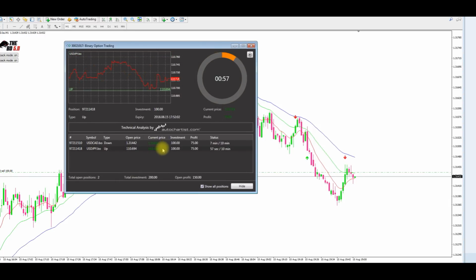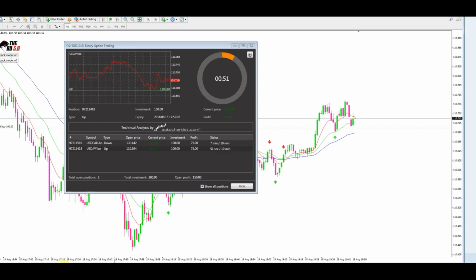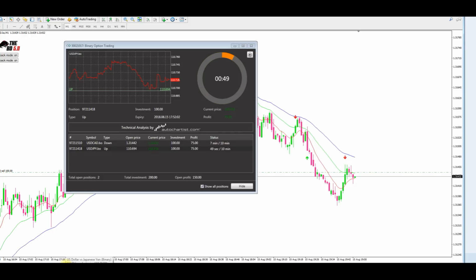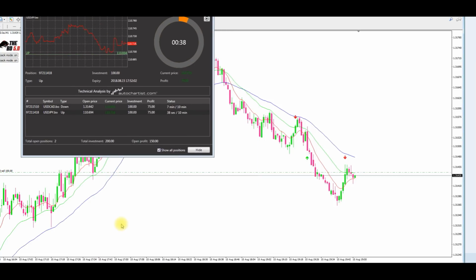So we've got USD JPY. What's this saying? Again, that is just about to drop into the money. So 37, 36, which is nice.